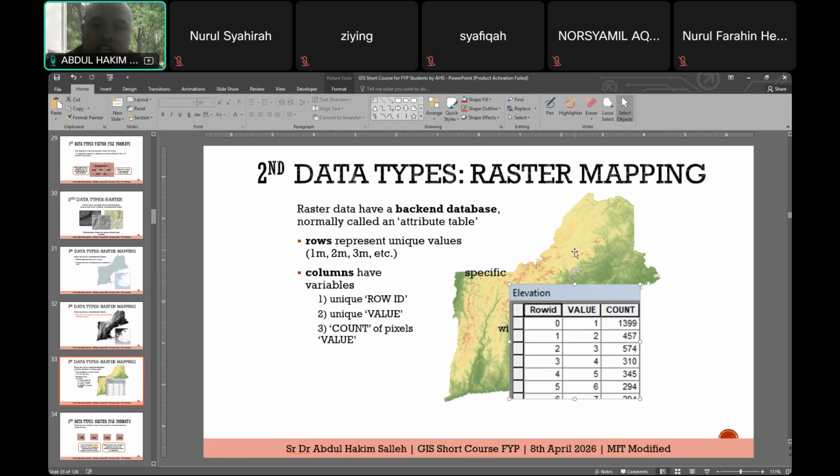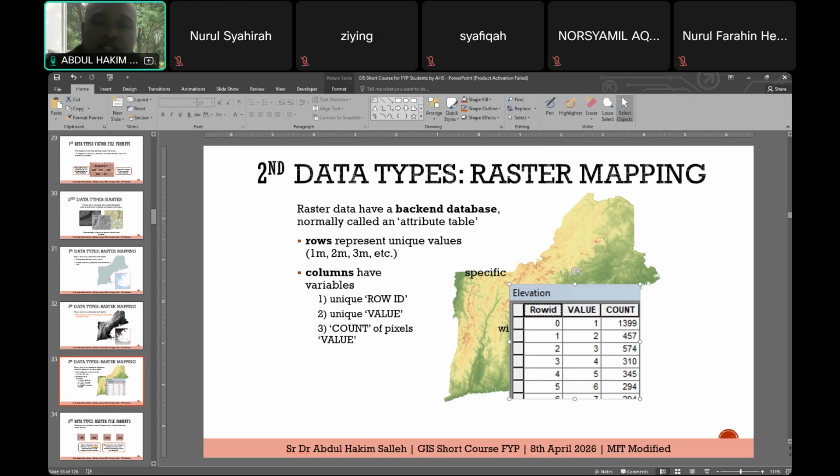Let's say the value number one represents yellow color, bright yellow color. So how many yellow color pixels are there here? 1,399 units of pixel.